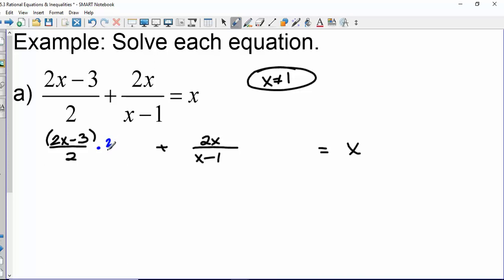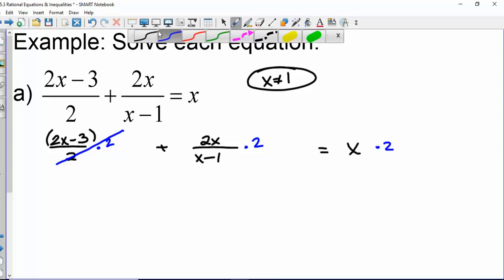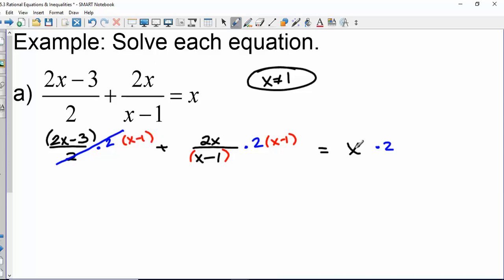But if you take one thing times 2, I'm going to have to take all of these times 2. So that would cancel this, but are all of my fractions gone? No, so we're not done. The second fraction has x minus 1 on the bottom, so I'm going to have to take everything times x minus 1. And again, whatever you do to one, you have to do to every one of those.